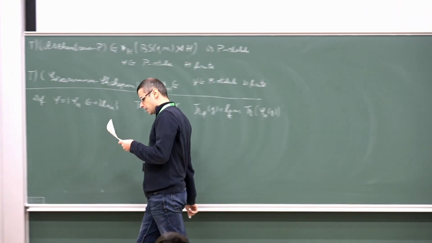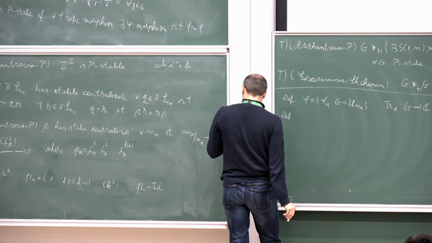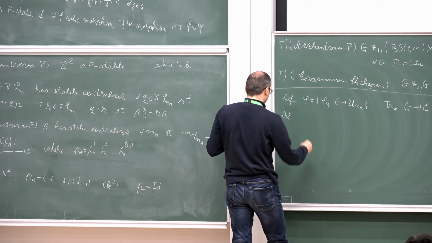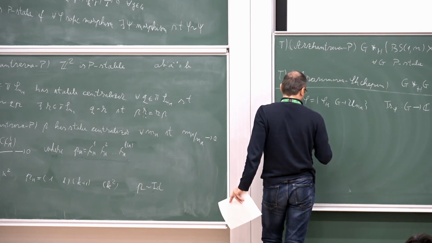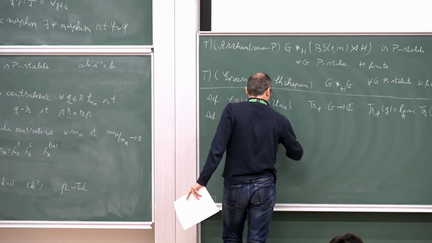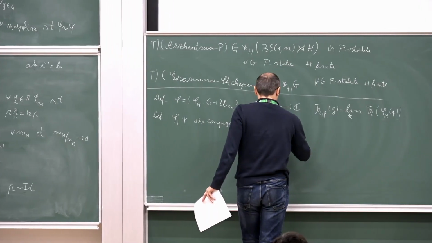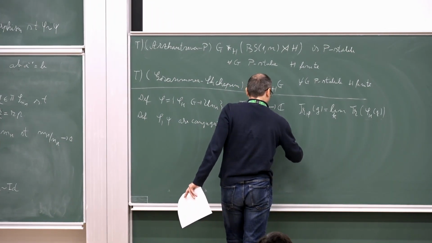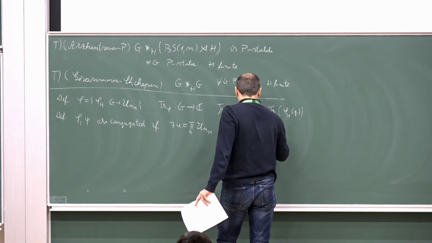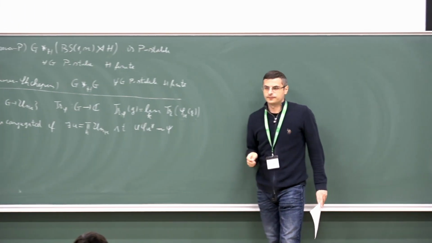If you don't like ultrafilters, I want to introduce this definition that plays an important role in stability results, namely conjugacy. So we'll call two hyperlinear morphisms conjugated if there exists a collection of unitary matrices such that when you conjugate one of the morphisms, you get something equivalent to the other one.